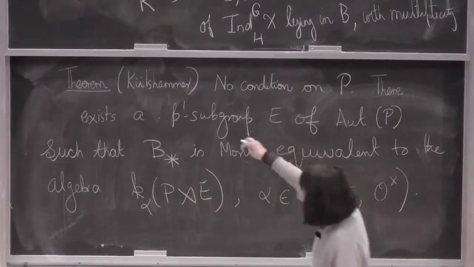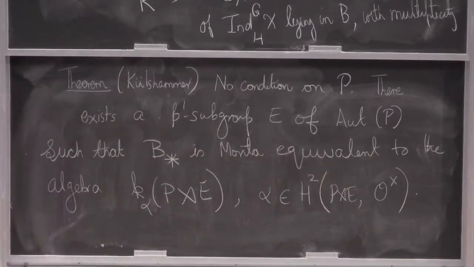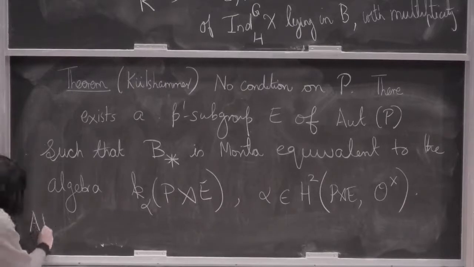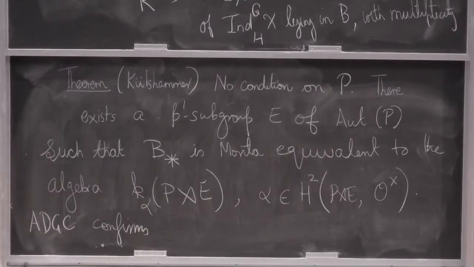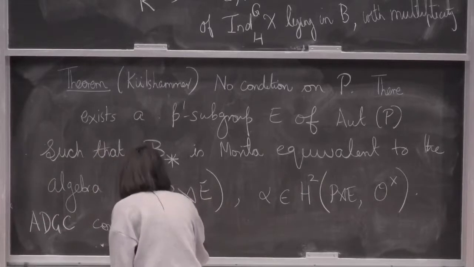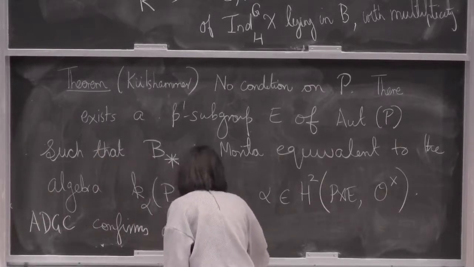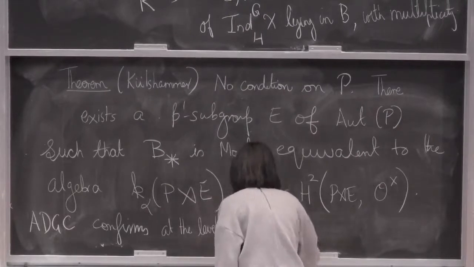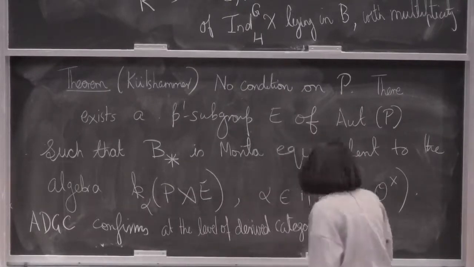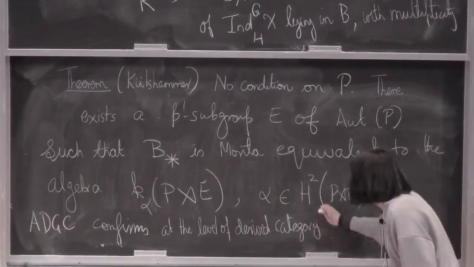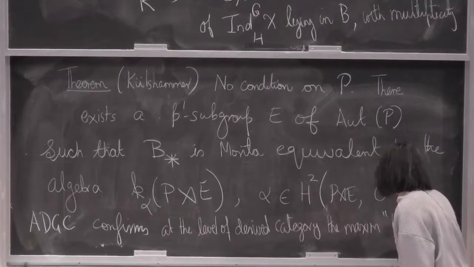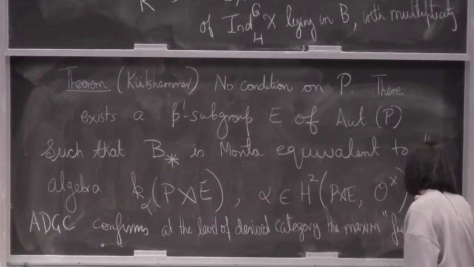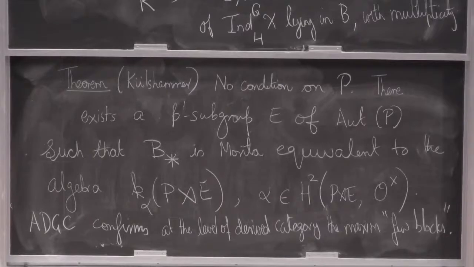So what this is, if you throw in the structure theorem of Külshammer with the abelian defect group conjecture, it's really saying that the abelian defect group conjecture confirms what I was trying to say in my first lecture, confirms at the level of the derived category at least, this philosophy, the maxim that there are very few blocks.